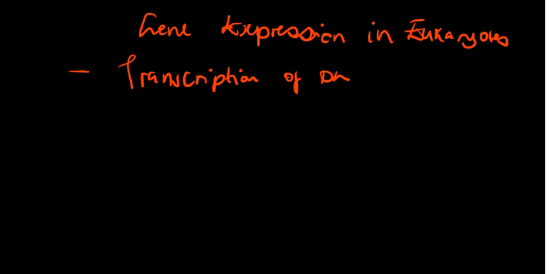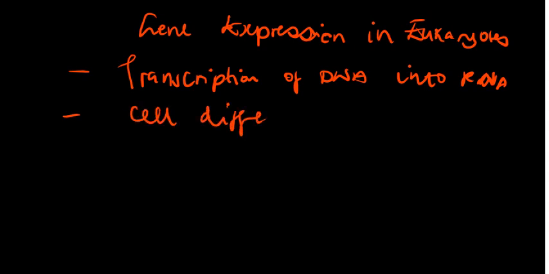It is different in that it can take place during transcription of DNA into RNA. It can also take place during cell differentiation. It can take place during growth and development.